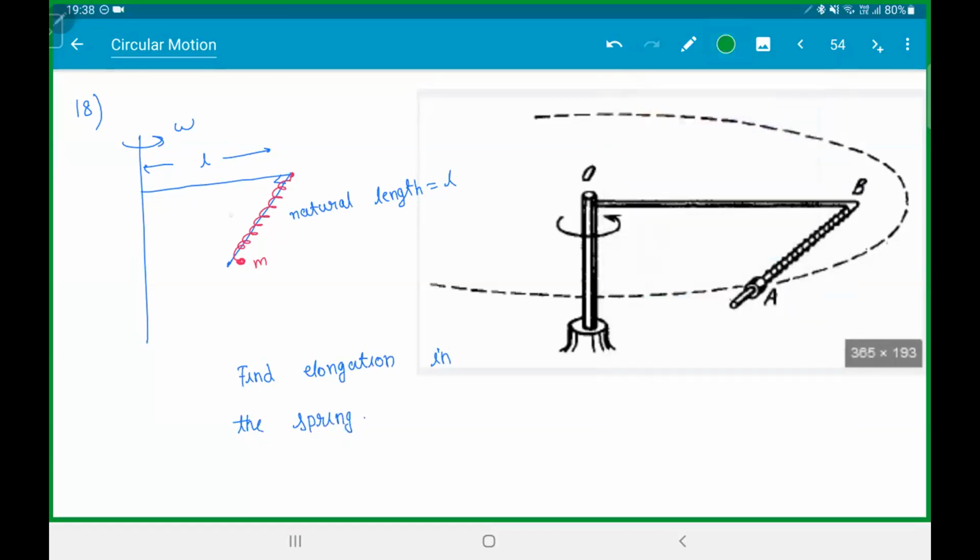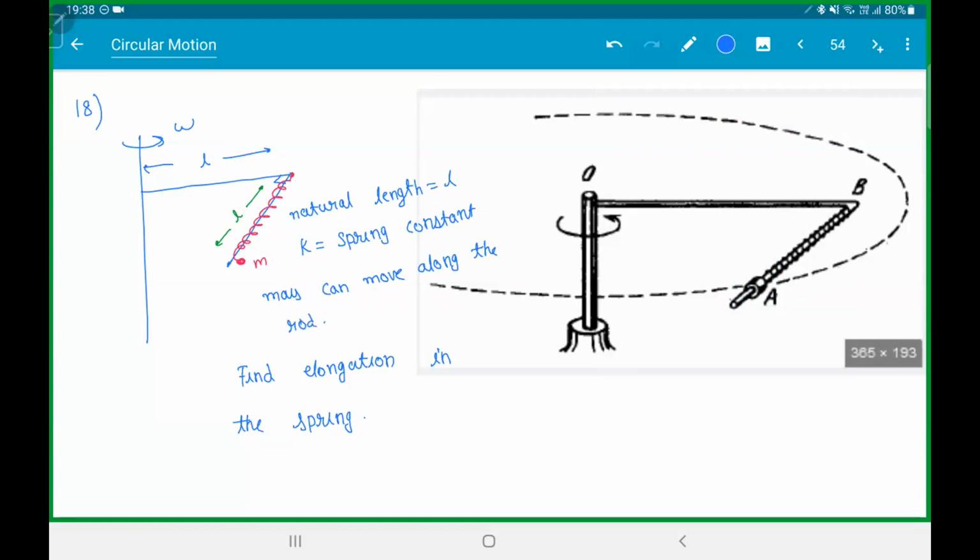So initially this length is also L. Spring constant is K. Basically this mass can go only along the rod. Mass can move along the rod. It can't fall down, up and down. So I hope the diagram is clear.